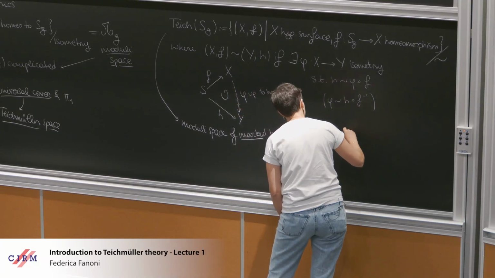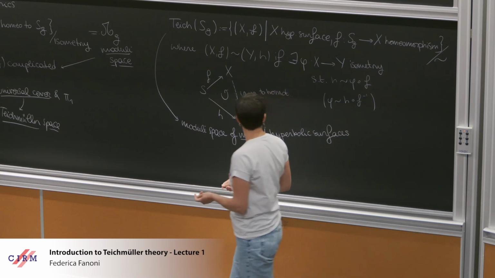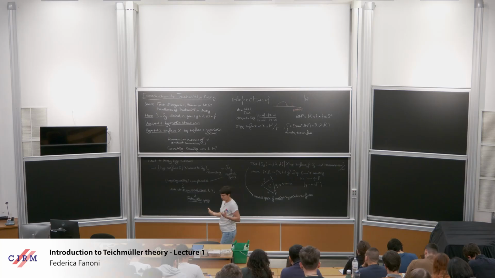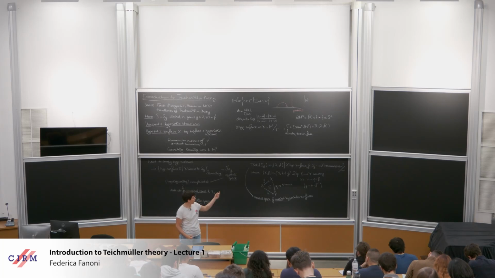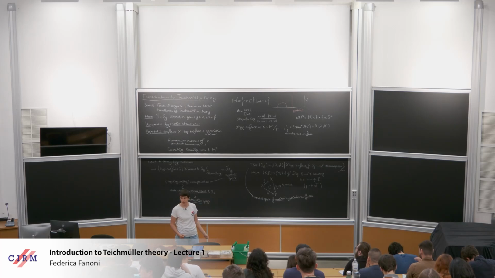And why do we say so? Because we have marked our surface with a homeomorphism from the specific surface S that we have and we fix and we never move to the X that we have.